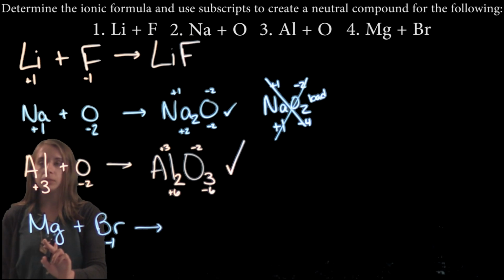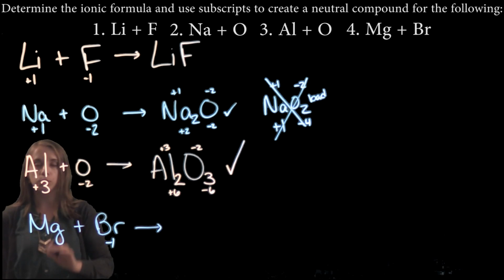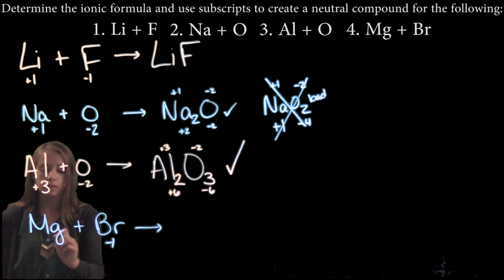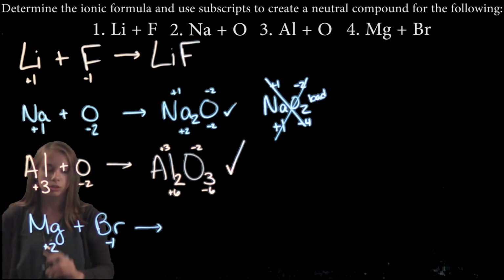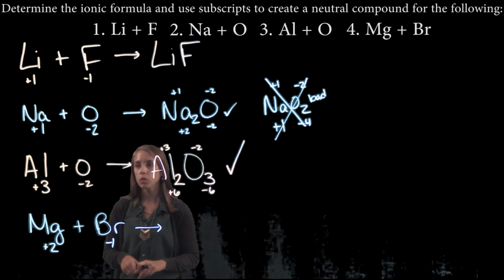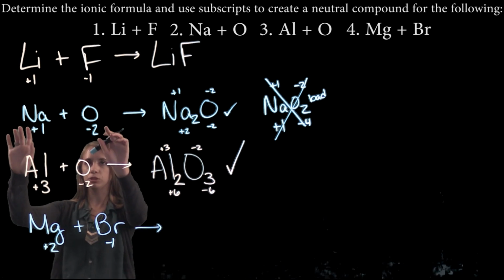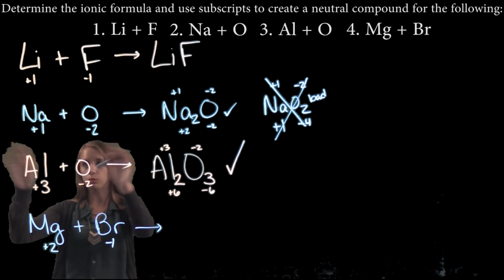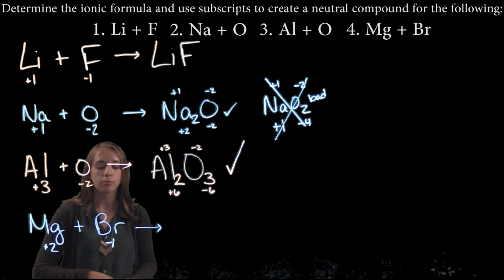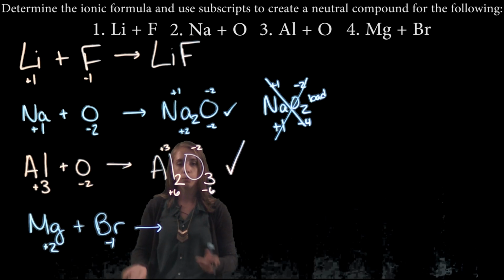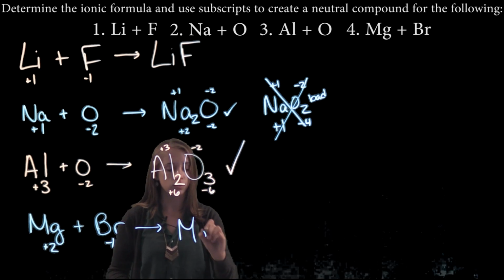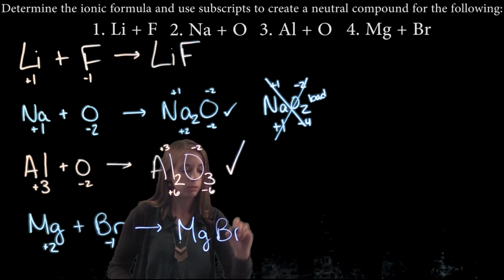And magnesium is right next to sodium, and it has a +2 charge instead. So this case is kind of similar to this one, except reverse. The metal has the 2, and the non-metal has the 1. So what do you think we should do? First step is always to just write out MgBr.